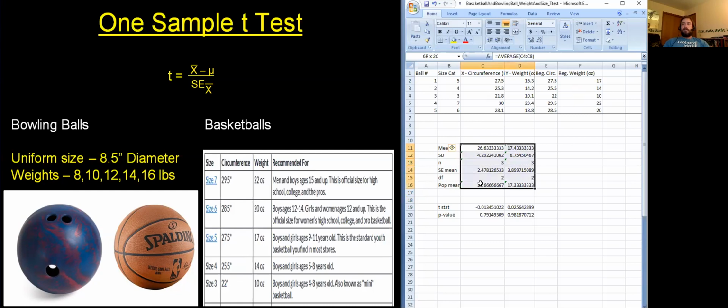We're probably better served to just run through all of that again. Now, if we had set up our spreadsheets between the basketballs tab and the bowling balls sheet to be exactly the same locations, we could have copied and pasted those formulae straight over here, and they would have calculated correctly.